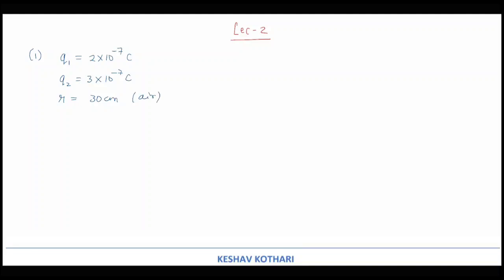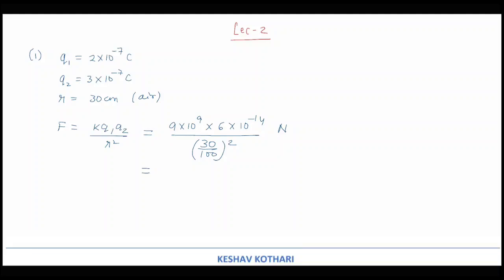So if we use Coulomb's law, we can clearly write F equals K Q1 Q2 by R square, and over here I can write it as 9 into 10 to the power 9. Q1 Q2 can be written as 6 into 10 to the power minus 14 upon 30 centimeter, which can be written as 30 by 100 in meter square, and the value will be in Newton because we have written everything in SI unit.